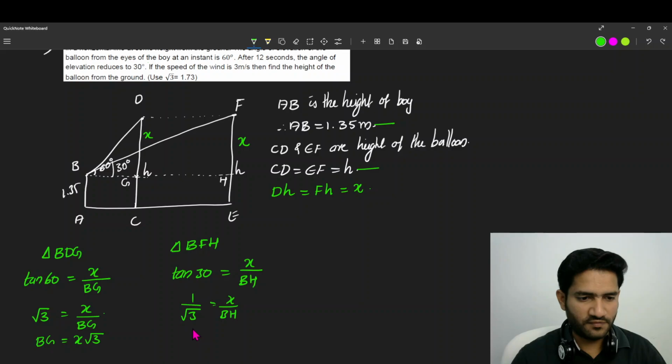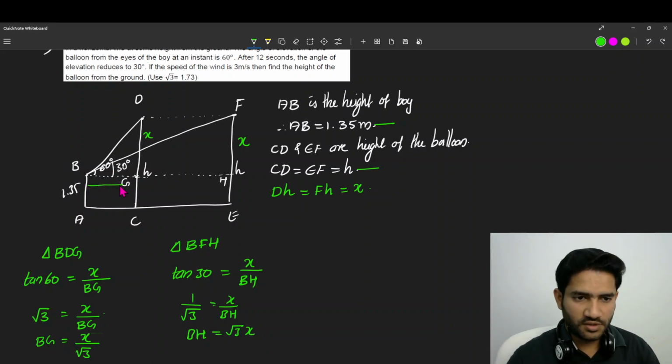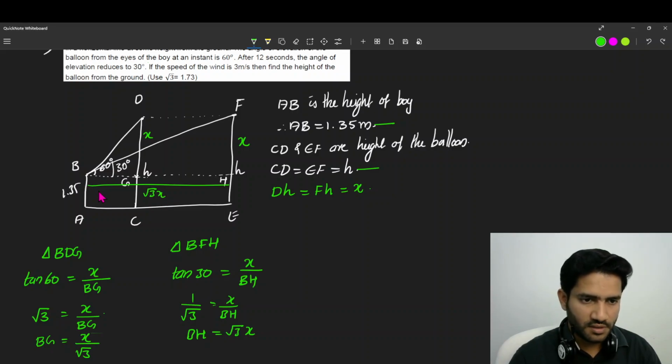Oh, look here, this is not BG, it's a simple mistake. Here BG is x by root 3 and BH equals root 3x. So the total value is root 3x, and the small value is x by root 3.